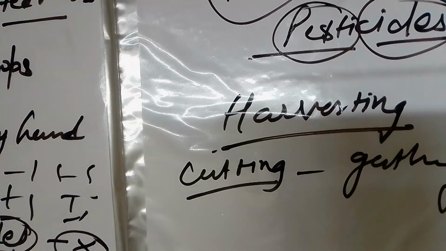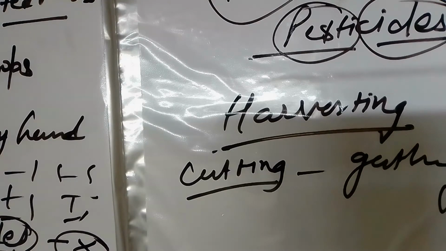Now different methods are used. If we talk about fruits and vegetables, they are plucked with hands. And if we talk about wheat and maize, you have seen that they can be separated from the main crop by threshing. This can be done manually or by a machine called a thresher.